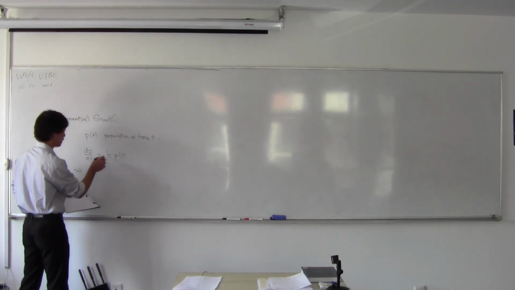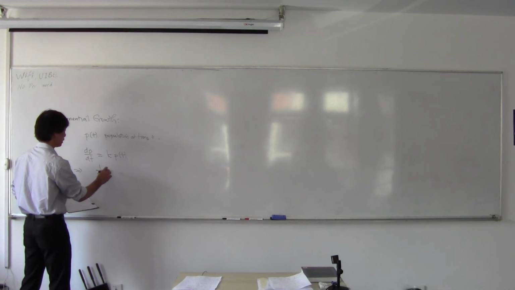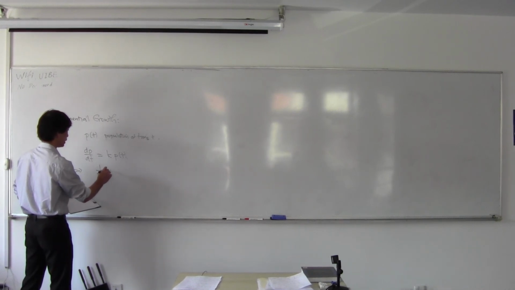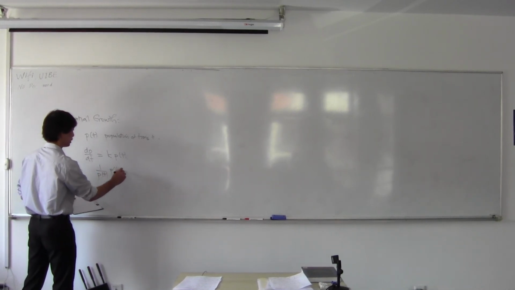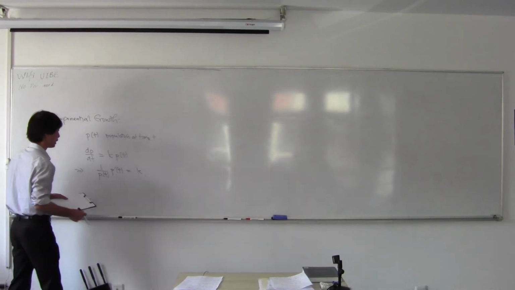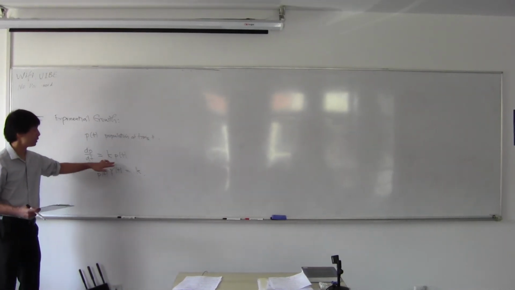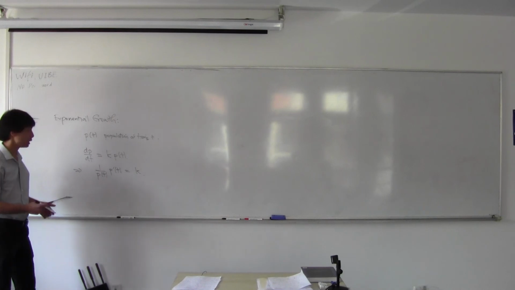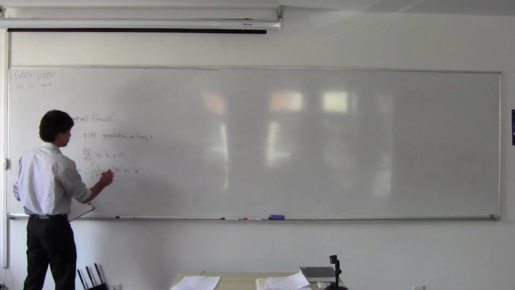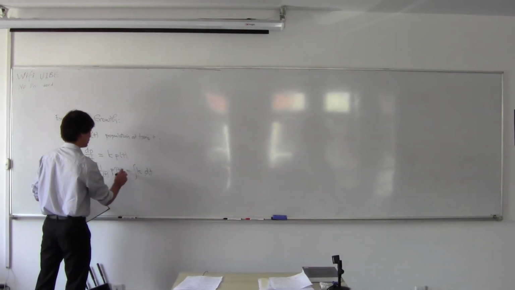You said, okay, I'm going to write this as 1 over p, p prime equals k. Divide both sides by p, and then integrate both sides with respect to time.